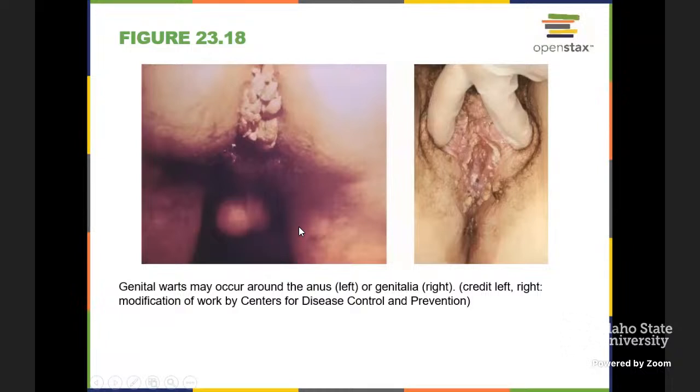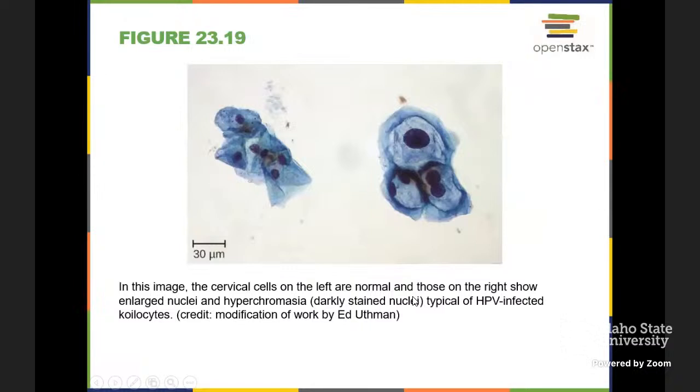Human papilloma viruses, boatloads of different types of HPV, some of which set the stage for genital warts, anus or genitalia, or both, potentially impacted, and it truly depends on circumstances, sexual practice.